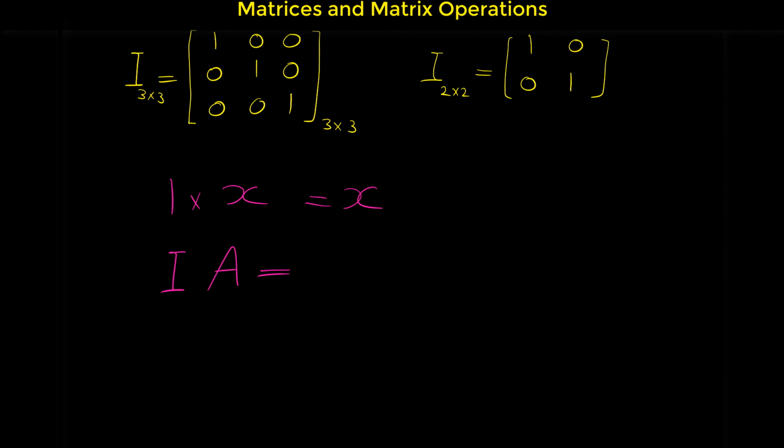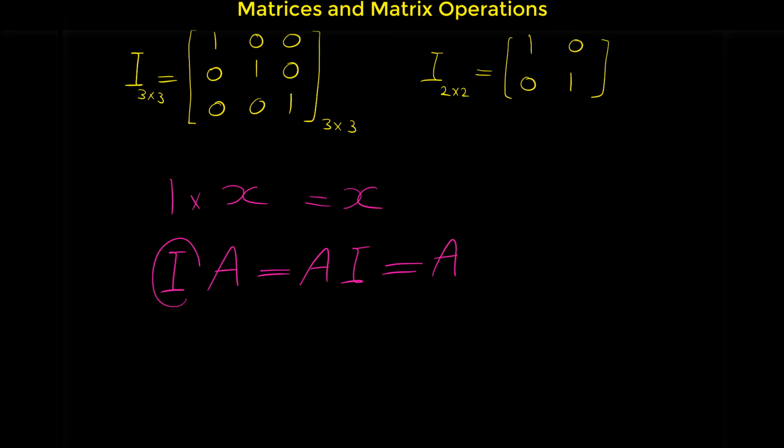If you multiply the identity matrix by any matrix, or multiply that matrix by I, the order doesn't matter here. The order of multiplication in matrices matters, but for this case no. Anyway, if you multiply the identity matrix I by any other matrix A, the answer is again A.